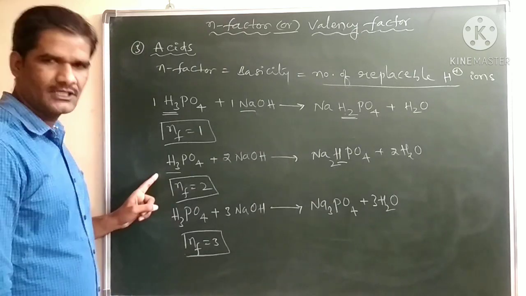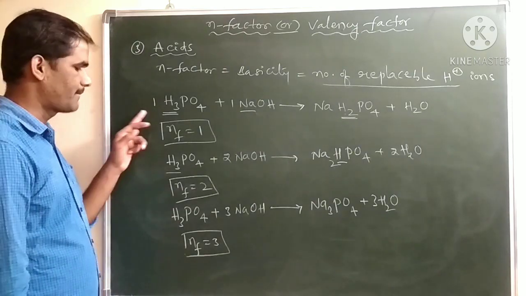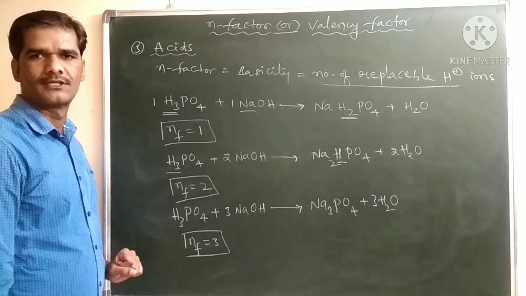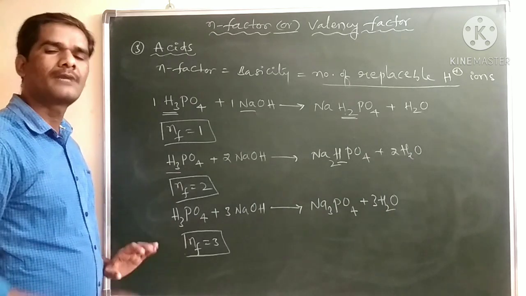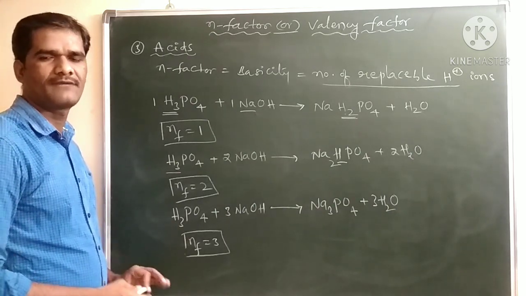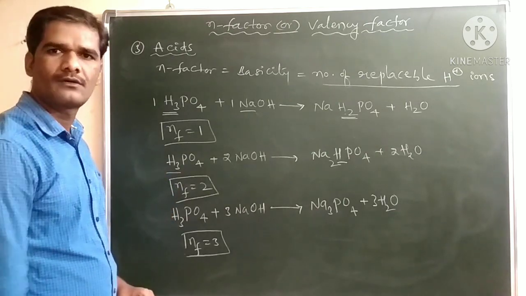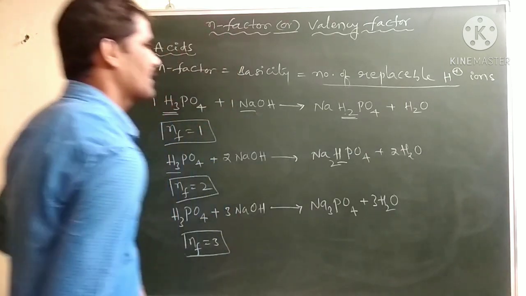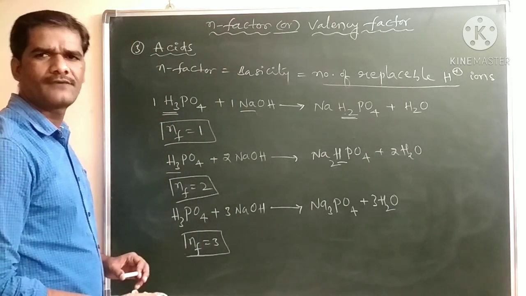So even for H3PO4 it is not always 3, that depends on the reaction condition. So normally H3PO4 is 3, but if they give us a reaction condition, we have to check. This is the N factor calculation for acids.